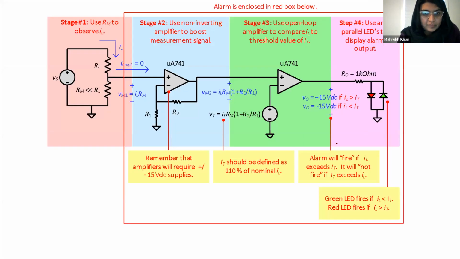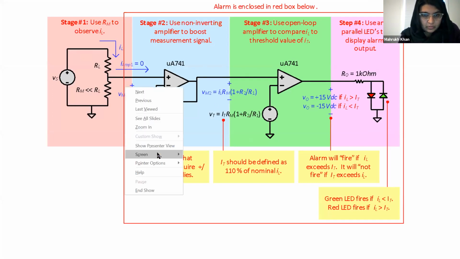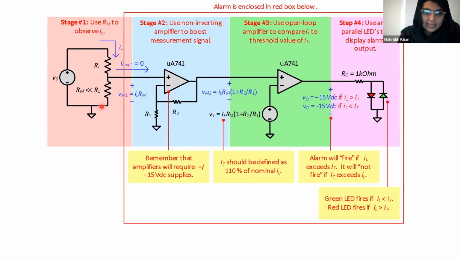Okay, so this is the circuit we are making today. If you see this circuit, what is happening in it? The red box is our alarm circuit. This is our source.